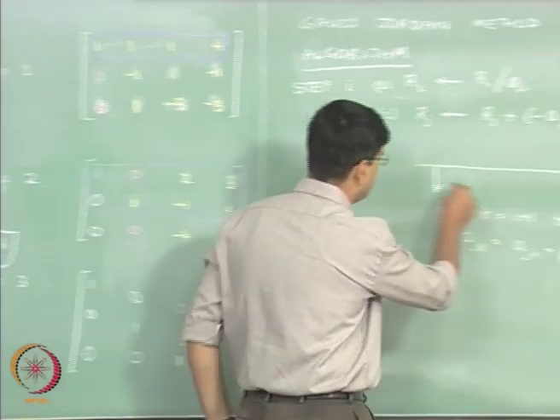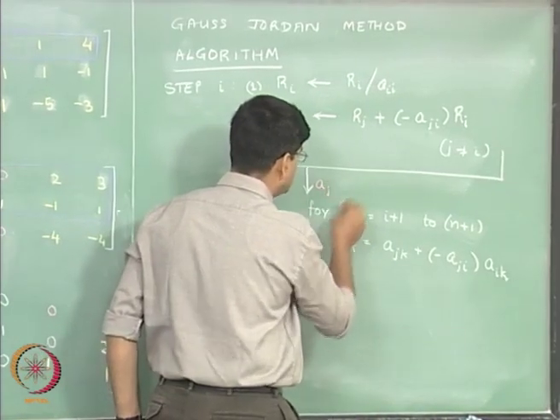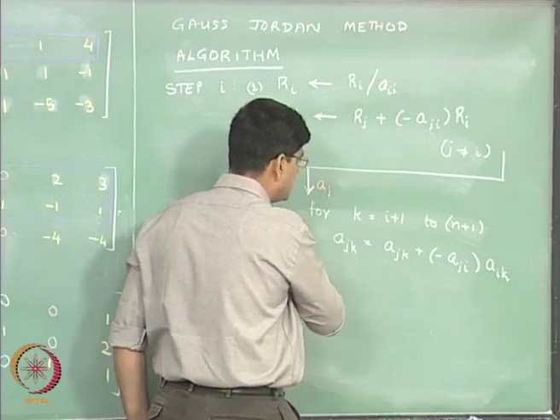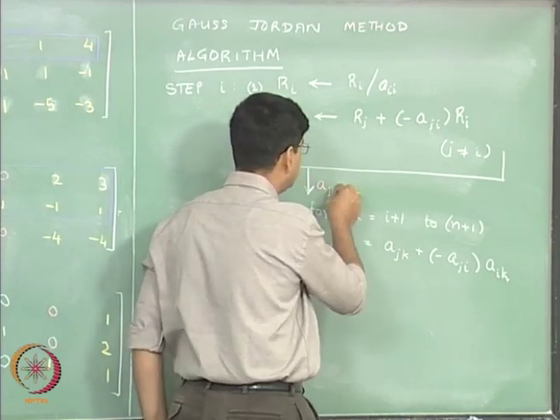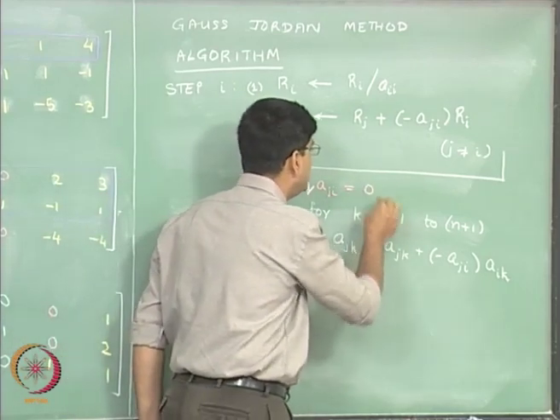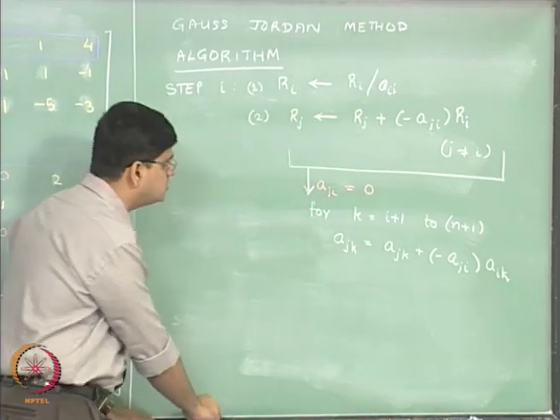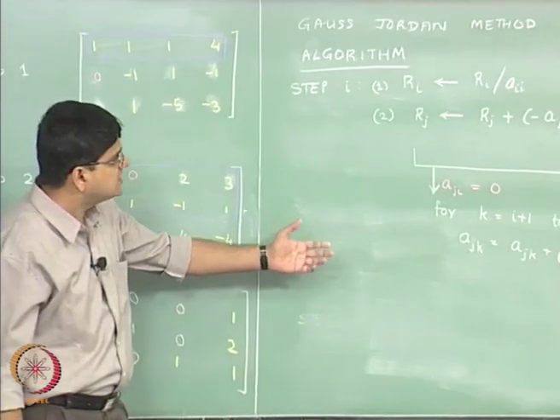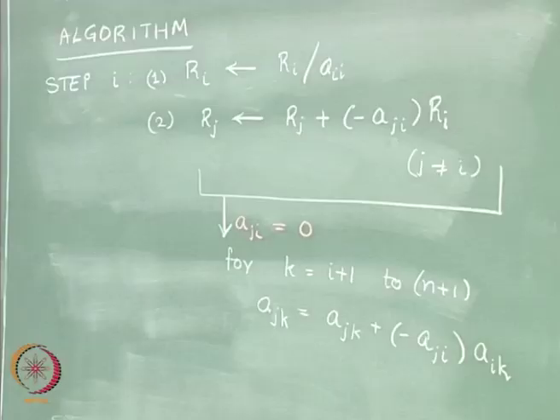In the third step i equal to 3, in the second step i equal to 2, so on and so forth. So Aji are going to be equal to 0. Okay. So that is the step that we are going to implement.